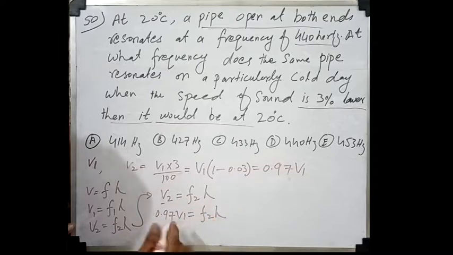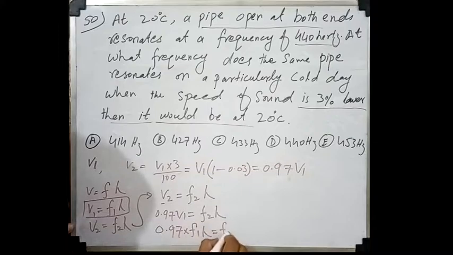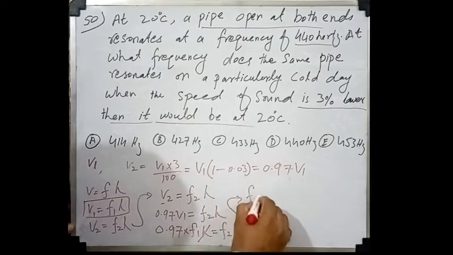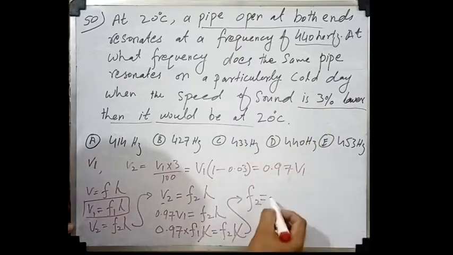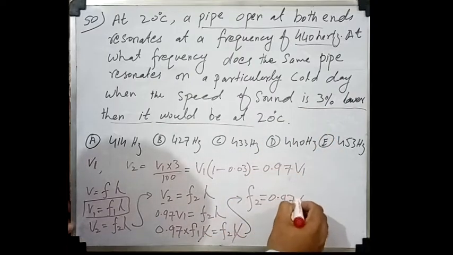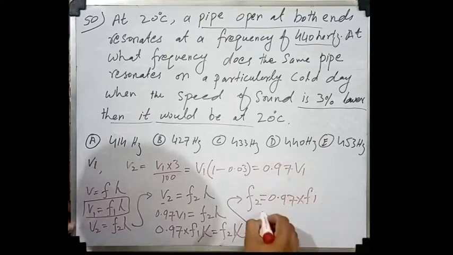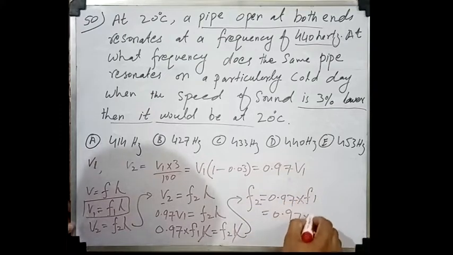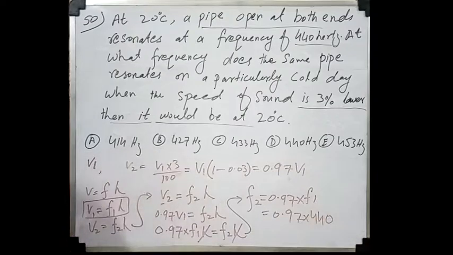Lambda cancels out, so F2, the frequency on the cold day, will be 0.97 multiplied by F1, which is 0.97 multiplied by 440. So it will also be 97% of the initial frequency.